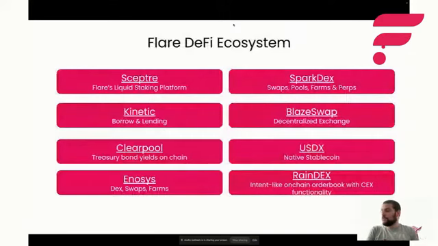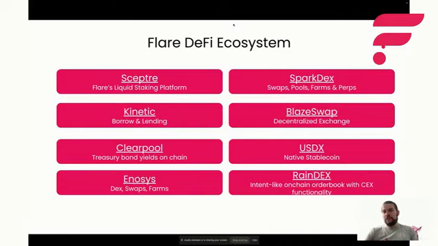Okay, and just a few other things. So I've mostly talked about what's happening on Flare, so what we have enshrined. But a lot of things are already built. A lot of stuff is happening, and we have a really growing and bustling DeFi ecosystem. So here's just a list of some selected things that we have. So we have liquid staking, we have some swaps, pools, farming, perpetual futures, all powered by the FTSO.